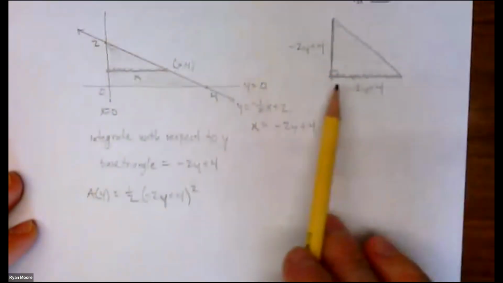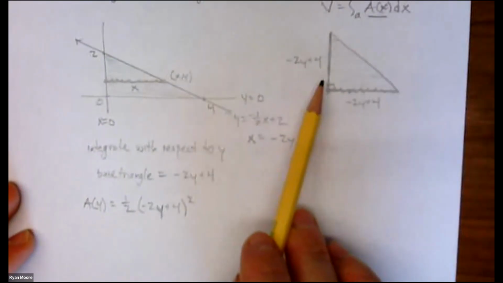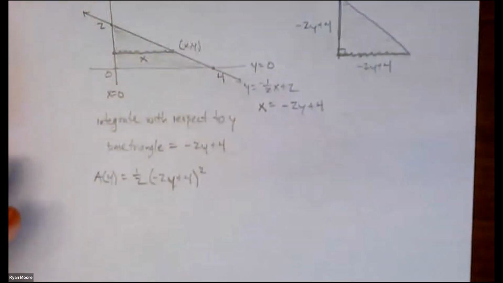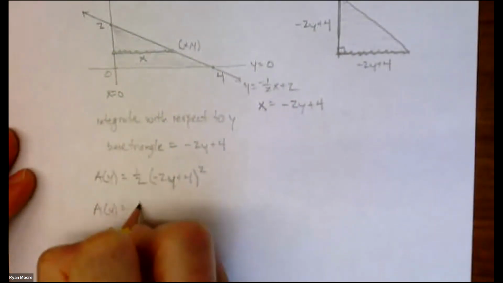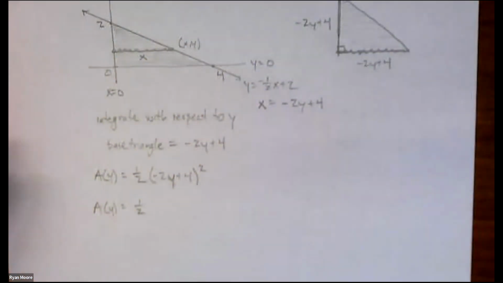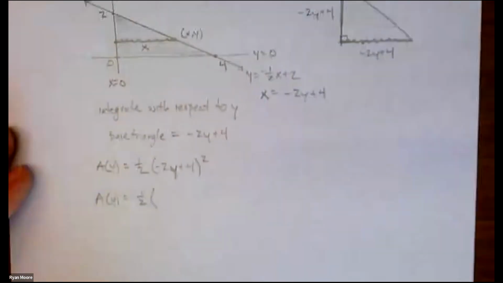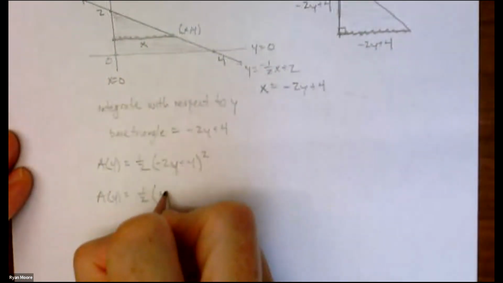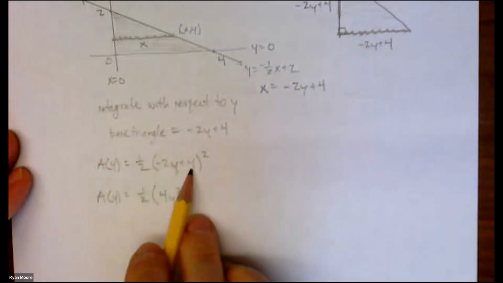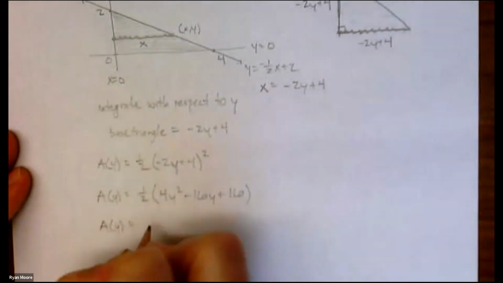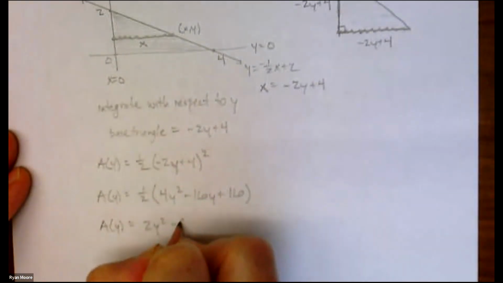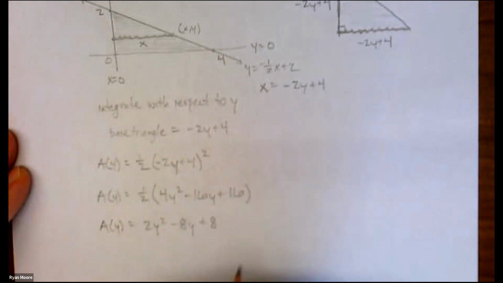Figured out the length of that line. Then the area of our triangle, 1/2 base times height. Boom. Let's multiply this out, since we're going to have to integrate in another minute or so. That'll be 4y squared minus 16y plus 16. And then the 1/2 going through: 2y squared minus 8y plus 8.